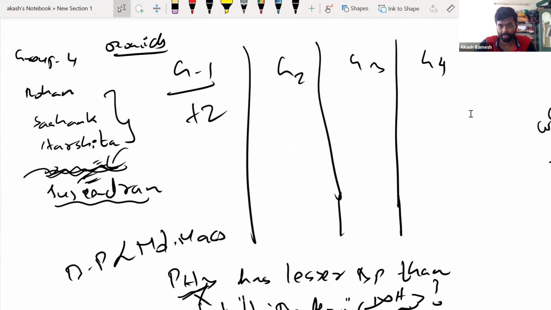Unpaired electron in nitrogen. You're partially correct. I want the exact answer. What is the unpaired electron? If I have any unpaired electron, what is the species called as?